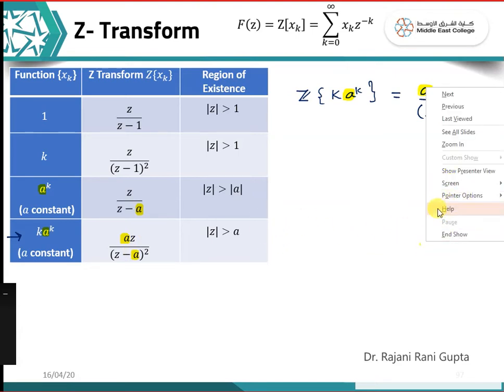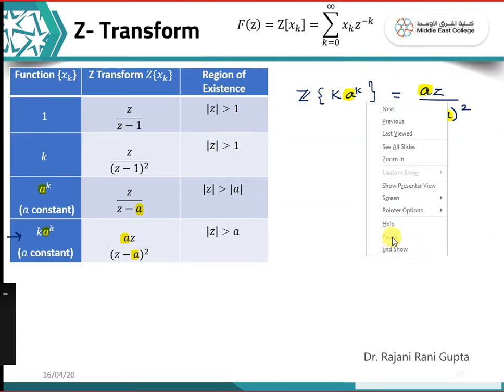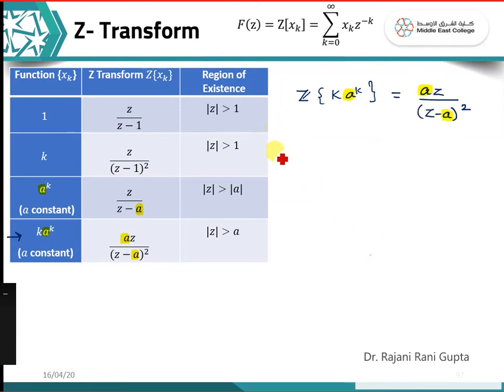So when we have to work with the questions, it can be like, for example, the z transform of k 3 to the power k. So now here a is 3. Work on it: 3z over (z minus 3) to the power 2, direct.